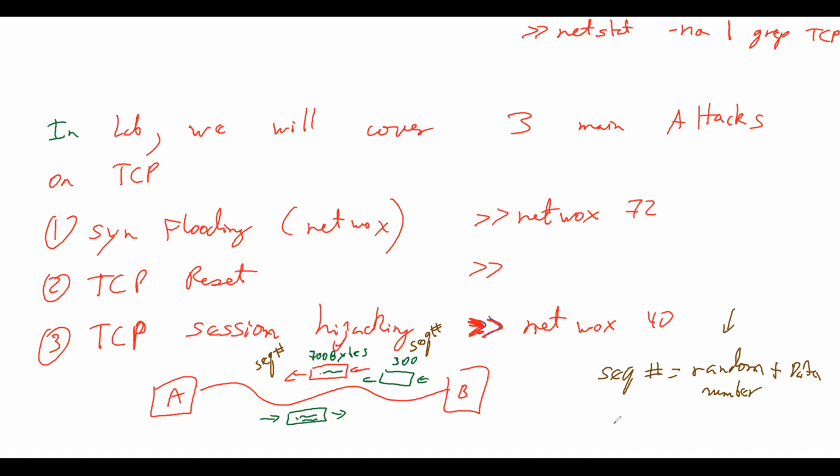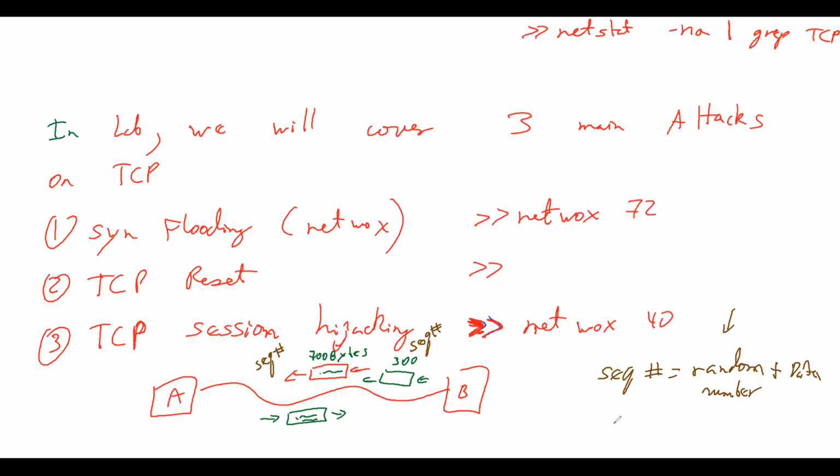The sequence numbers not just allow for reconstruction, they make sure that those packets belong to that connection between A and B. If you spoof a packet but it doesn't have the right sequence number because you didn't choose the right random number, then it'll be rejected.